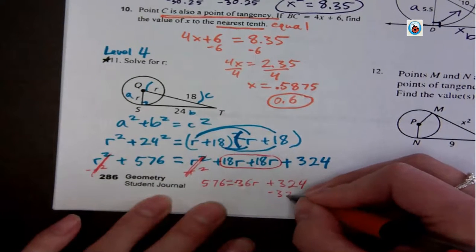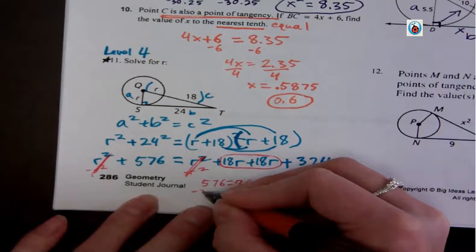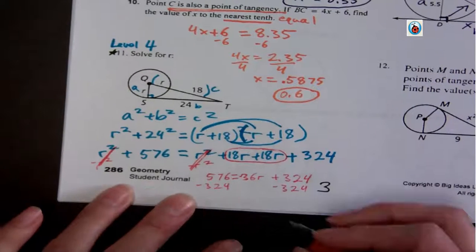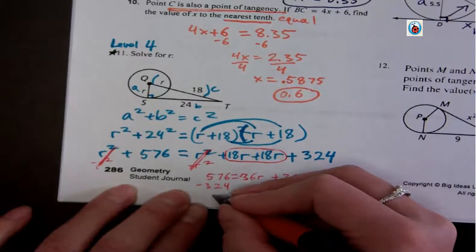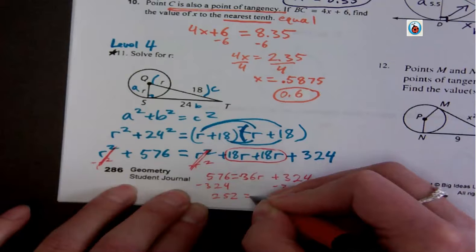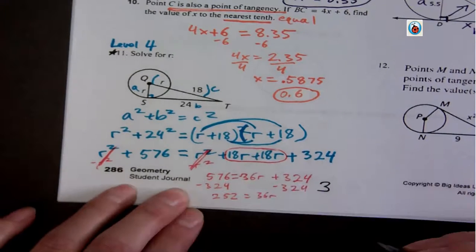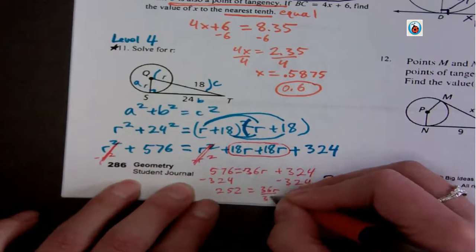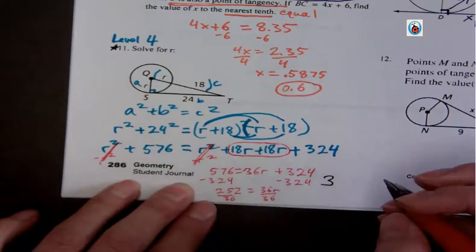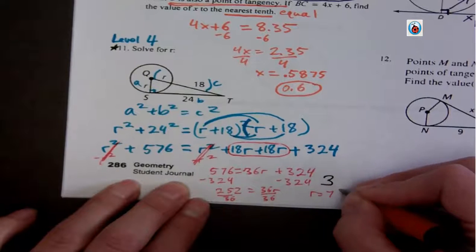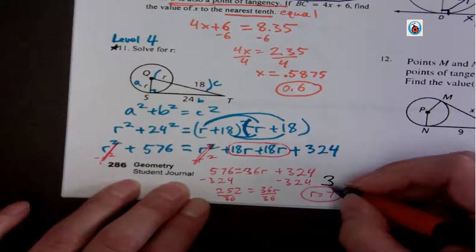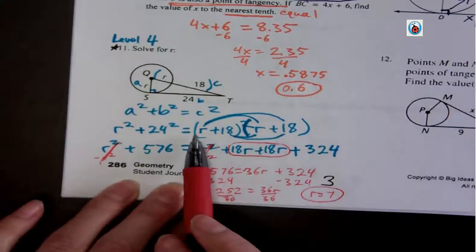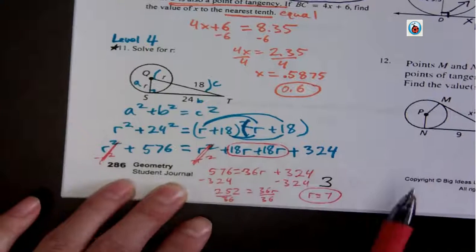I subtract my 324 to get 252 equals 36r, and I divide by 36, which gives me 7. So it's not too hard a problem. You just have to remember when we square this, we have to square it out to get the 4 terms.